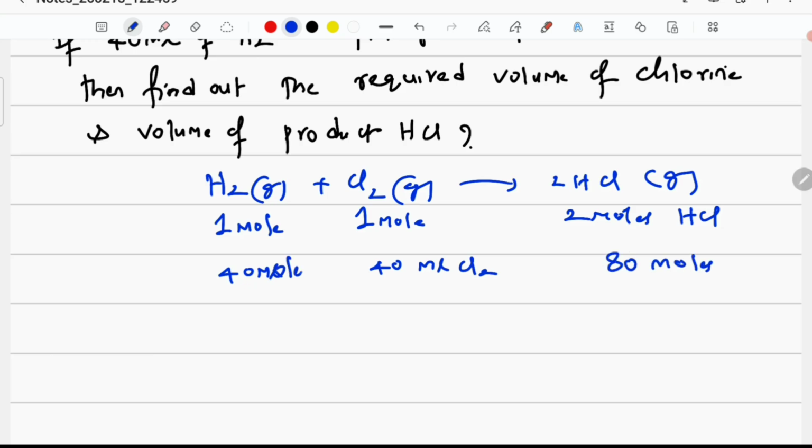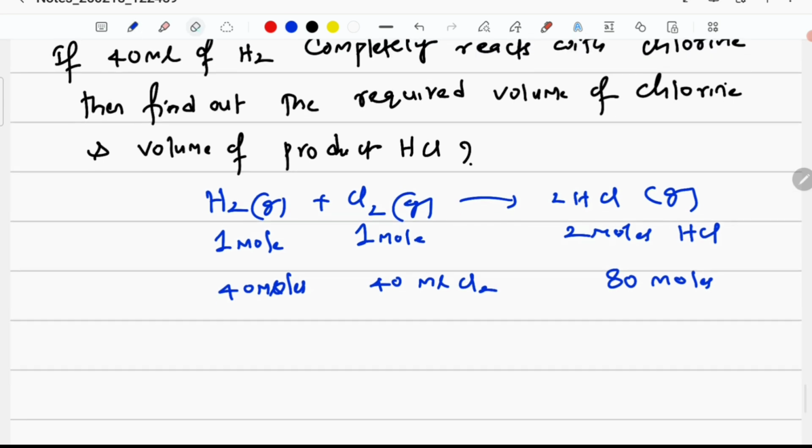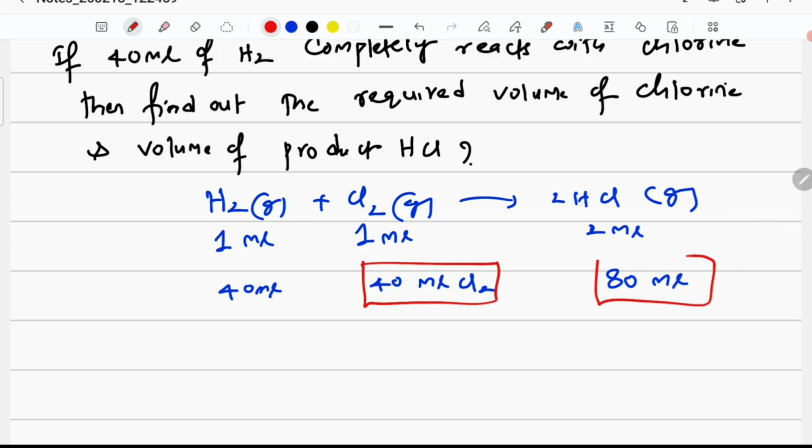You can take it as moles or ml also, because volume is directly proportional, otherwise you write in volume only, because they gave in volume. So if it is 1 ml, 2 ml, 40 ml, then 80 ml here. Overall answer directly: required is 40 ml, produced is 80 ml. Simple question.